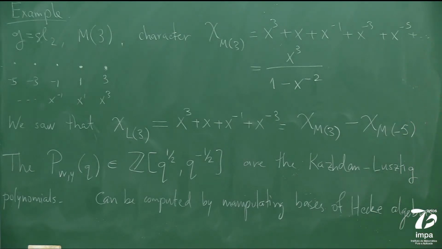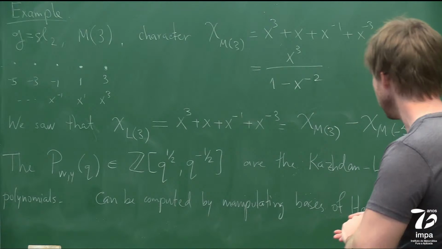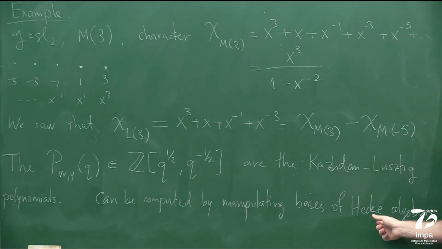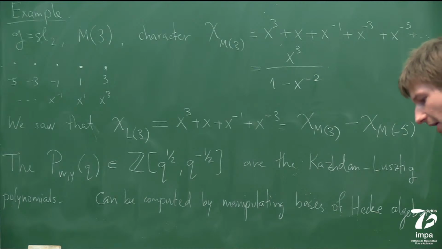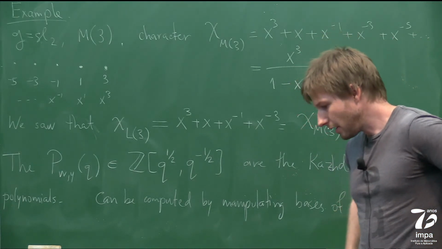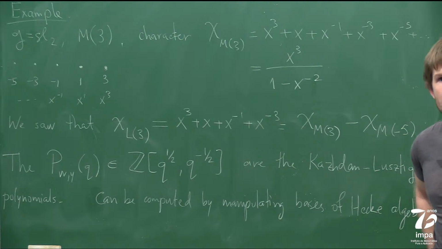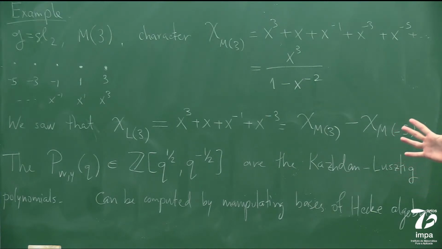The explicit definition of these polynomials is pretty complicated, and it involves a kind of algebra called the Hecke algebra. The Hecke algebra can be obtained by looking at double cosets of the corresponding algebraic group to G over finite fields and writing down formulas for the product of double cosets, doing this over different prime numbers, then replacing the prime number by a formal parameter, which becomes q eventually.